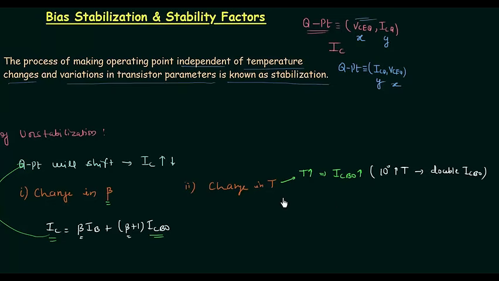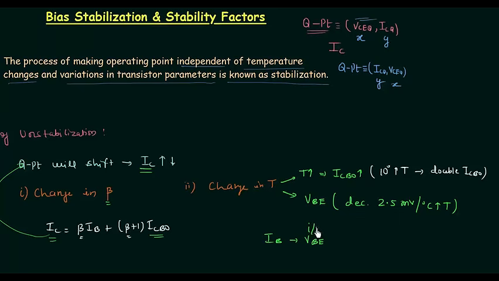The change in temperature will also change the input voltage VBE. With every degree rise in temperature, the input voltage is decreased by 2.5 millivolts. And VBE also affects the collector current IC, because IB, the base current, is sensitive to VBE.